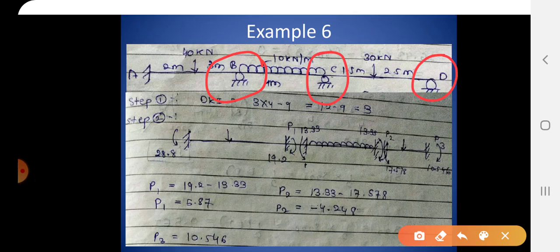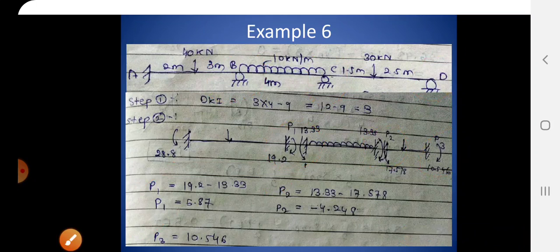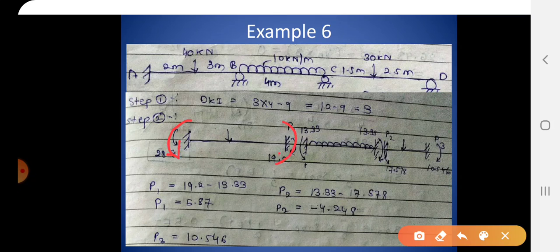So the total moment at B will be P1, the total moment at C will be P2, and the total moment at D will be P3. What is this total moment? Now we will go one by one. First we will calculate all fixed end moments for the given loading.